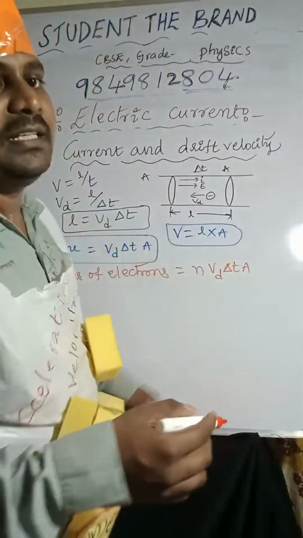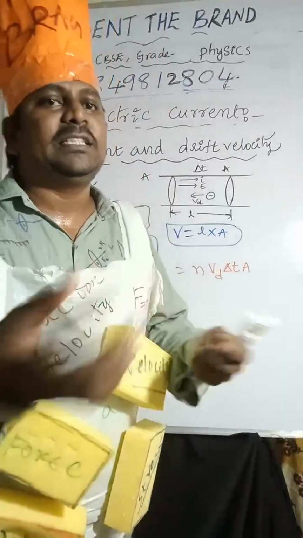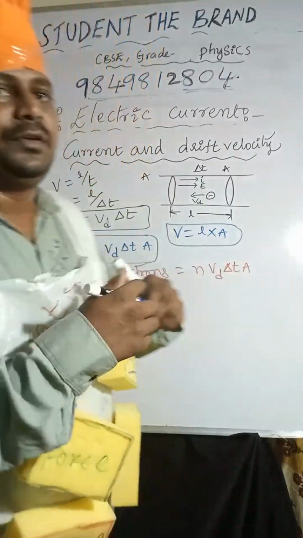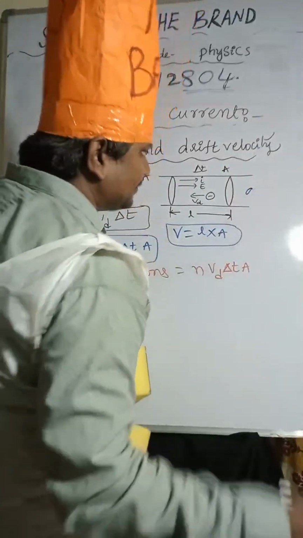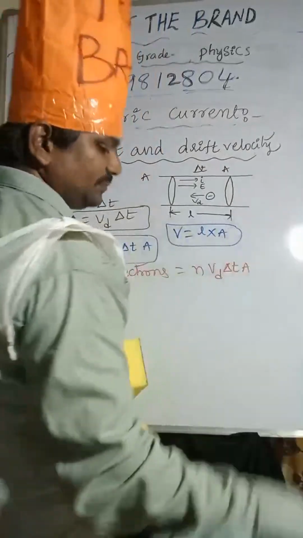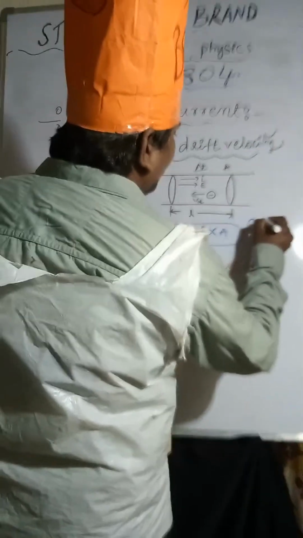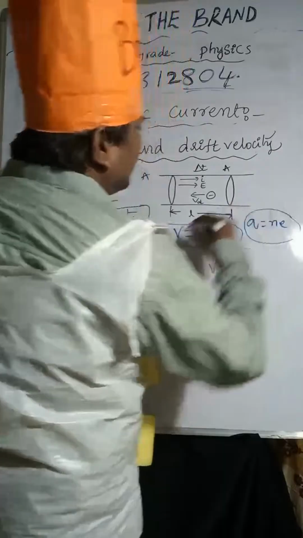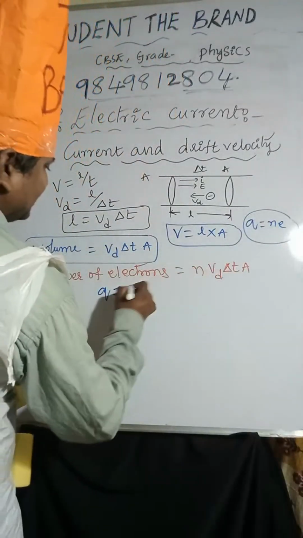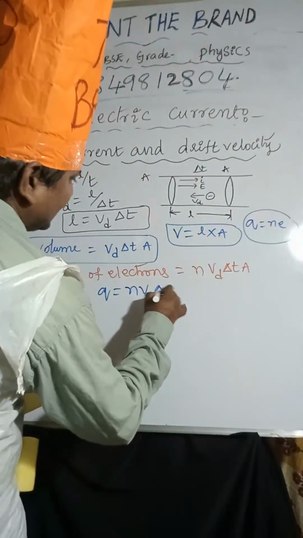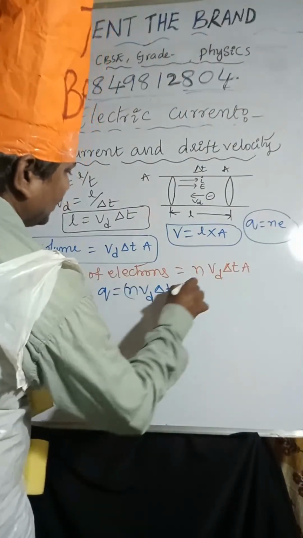We know the quantization of charge: Q equals Ne. So the charge Q is N Vd delta T into A into e.